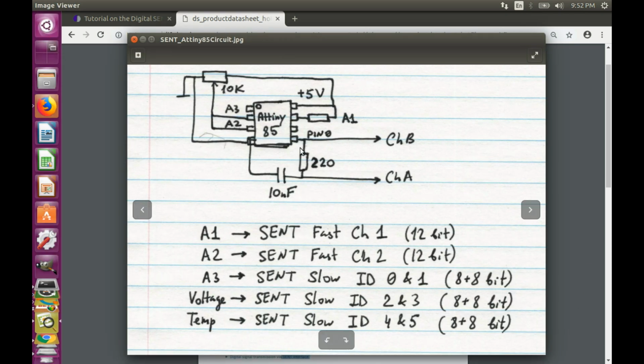Here is a circuit. An ATtiny85 is usually powered from anywhere from 3.3 to 5 volts.